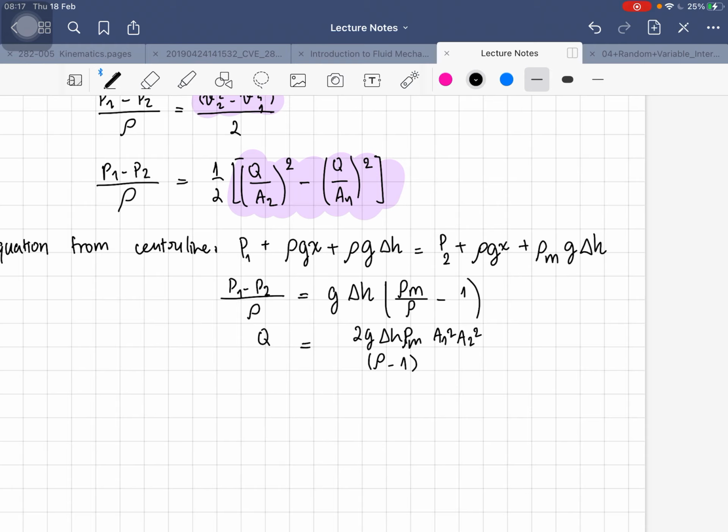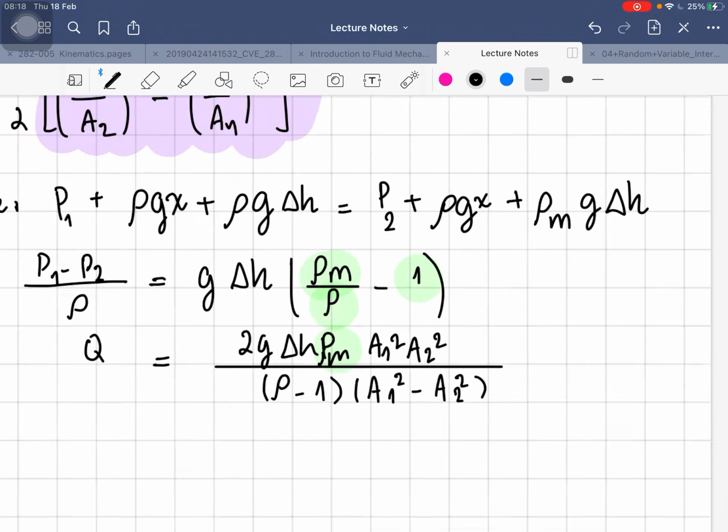It's actually this part. So we have this one is the rho here, right? And then this one is this one. And then we multiply by the subtraction of area 1 square minus area 2 square. And then we have this part.